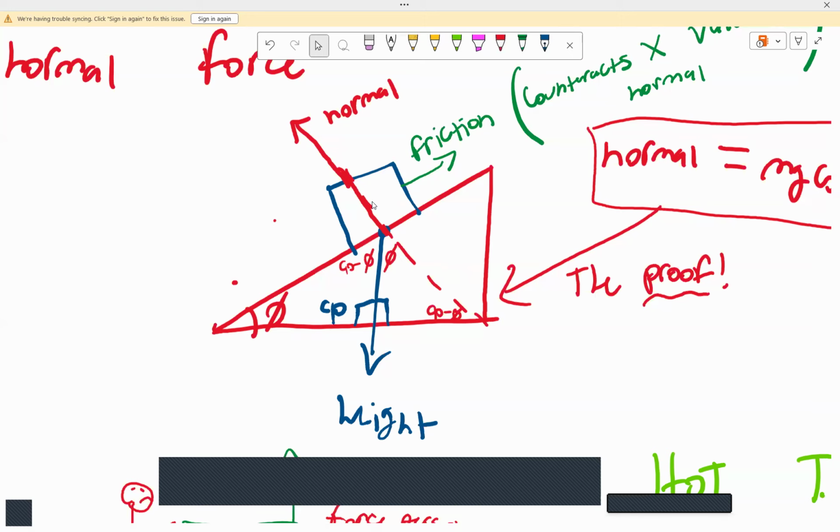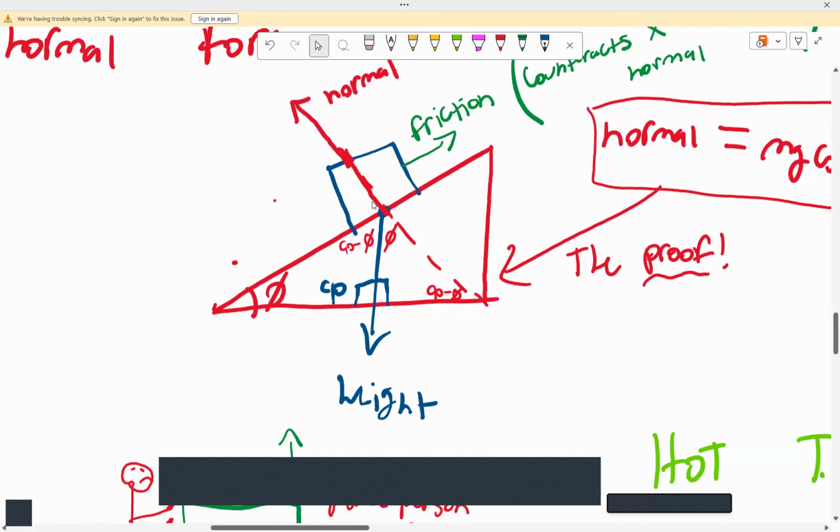Perpendicular is just a fancy way of saying 90-degree angle. We have this theta here, which is equivalent to the angle of the incline. As I said earlier, weight force is straight down, so that's a 90-degree angle, and because triangles are 180 degrees, this angle will be 90 minus theta.